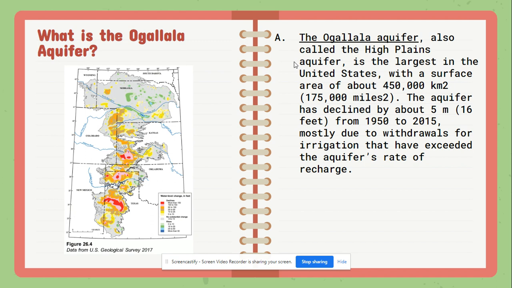All of that available water allows farmers to use it for irrigation purposes. But the problem we've now seen with the Ogallala Aquifer is that it is being rapidly depleted due to agricultural purposes, so it's not able to recharge at the rate at which we are using it.